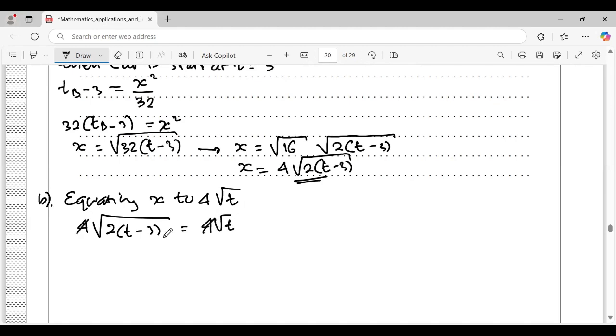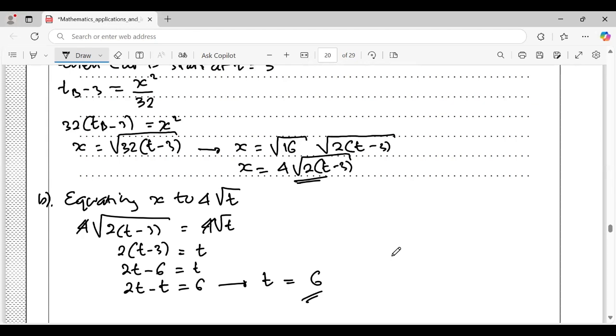Dividing and squaring, 2(t minus 3) equals t, so 2t minus 6 equals t. So 2t minus t equals 6, and t equals 6 seconds.